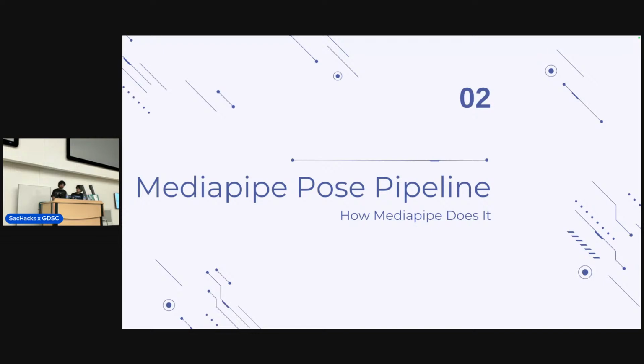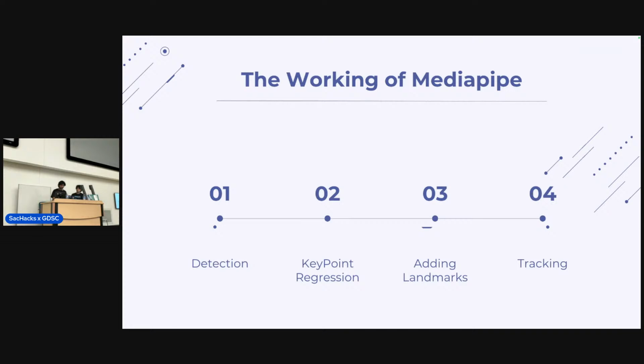Now, let's go into MediaPipe's pose pipeline. It's again taking a skeleton of your body parts and using that to track what you're doing or where you are. This is how it works. First, it tries to detect what it is. There's a CNN process that it uses to find the regions to get the exact precise location of the joints.